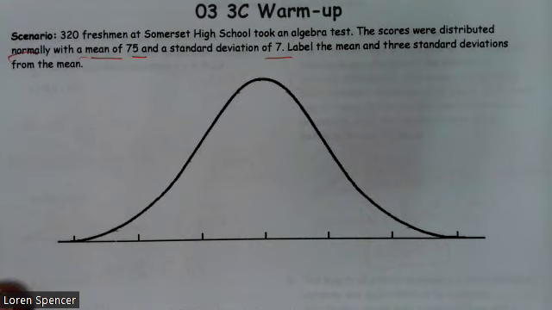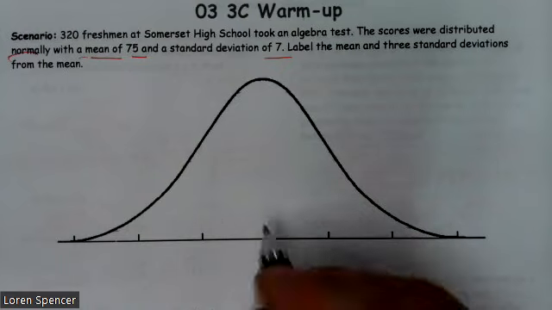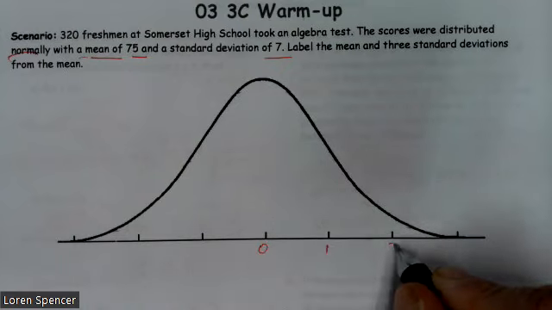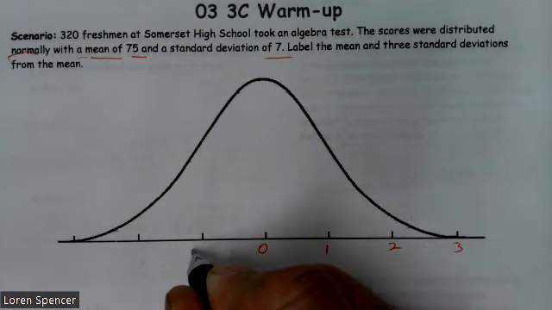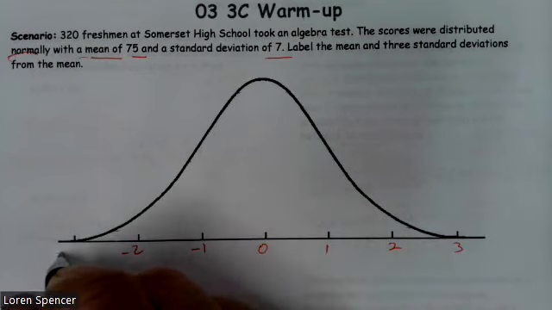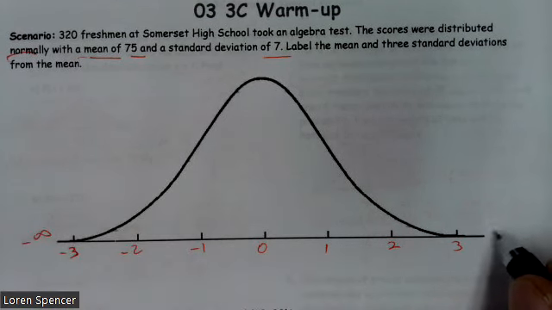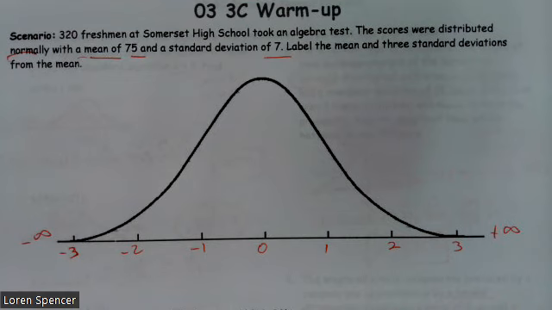Before we do that, I want to make sure we get clear on our z-scores. If this is a z-score, this is 0, this is 1, this is 2, and this is 3. This is -1, this is -2, this is -3. This goes to negative infinity, and this goes to positive infinity.